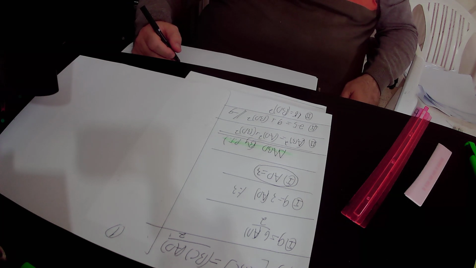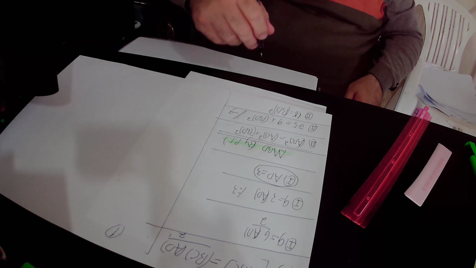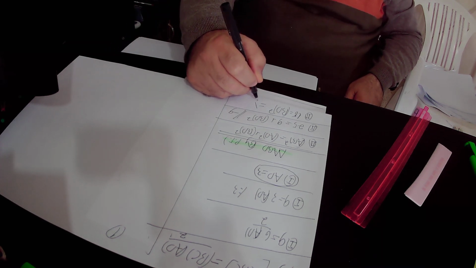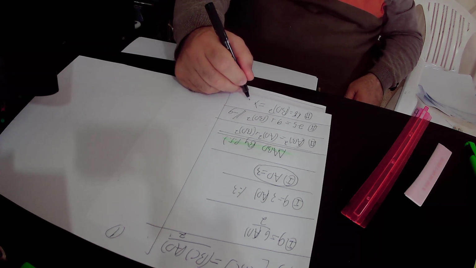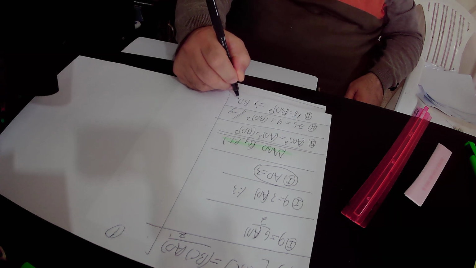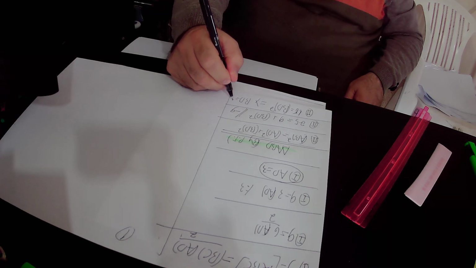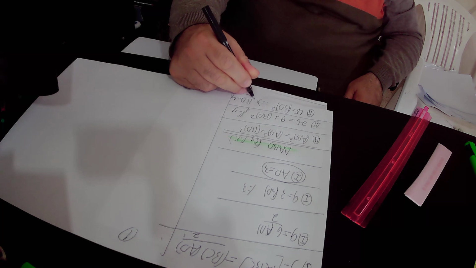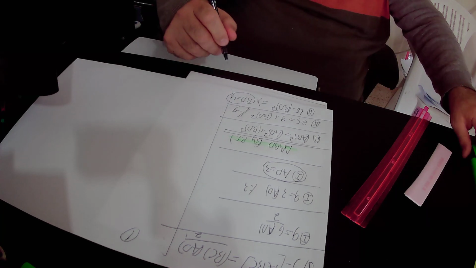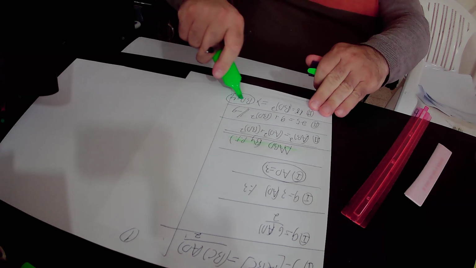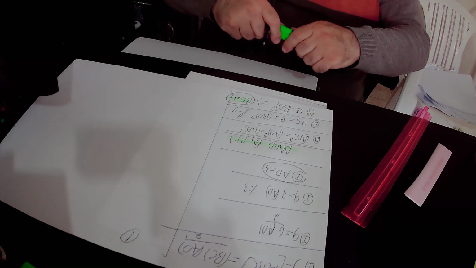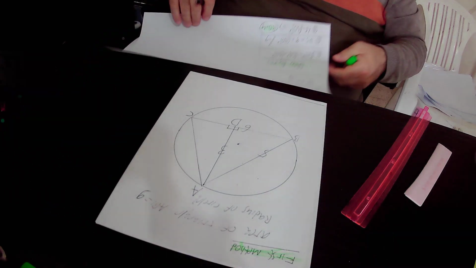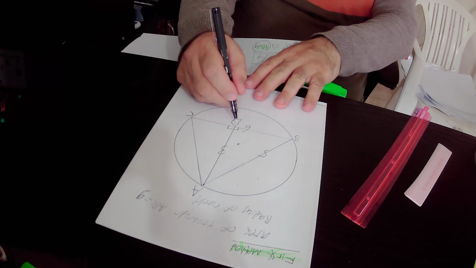Here we take a root of this equation, equation number 2, and we get that BD equals the square root of 16, that is 4. We found that BD equals 4 units, so we can write down here that BD equals 4 units.